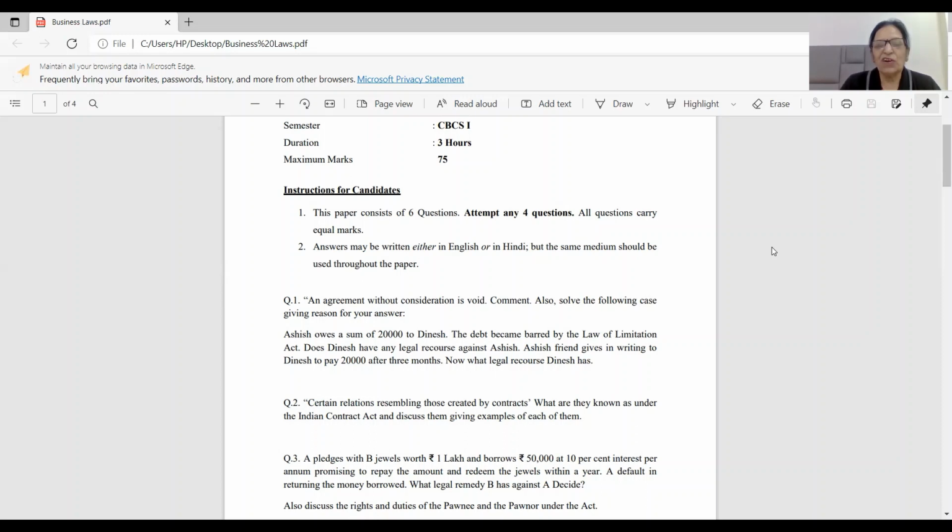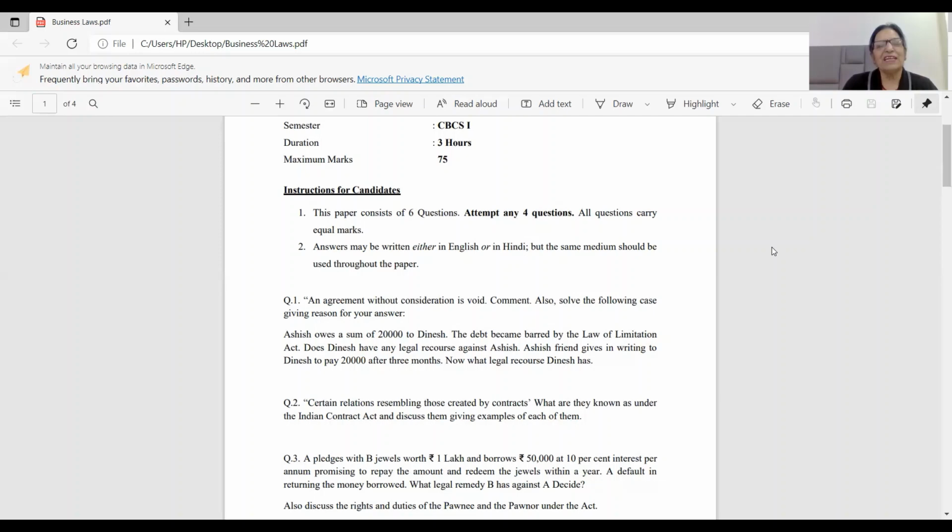And the case law, which is before you, this will be of 6 marks. Theory question 12 3/4 marks, and this question 6 marks, because the paper is of 75 marks and you are asked to attempt any 4 questions. So each question will be of 18 3/4 marks.